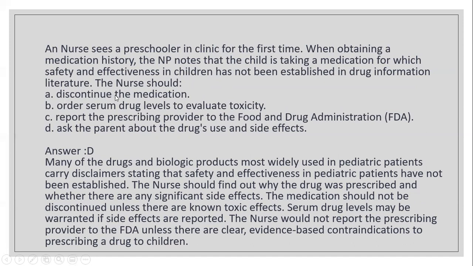A, discontinue the medication. B, order the serum drug level to evaluate toxicity. C, report the prescribing provider to the FDA. And number D, ask the parents about the drug's use and side effects. The correct answer is D. Ask the parents about the drug's use and side effects.